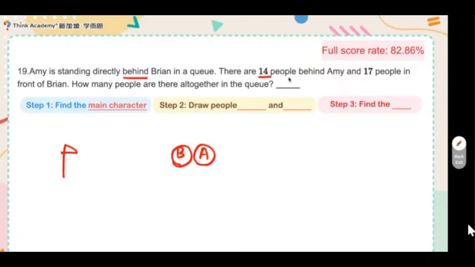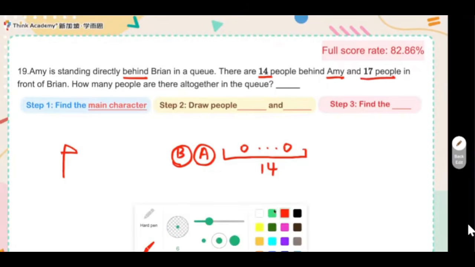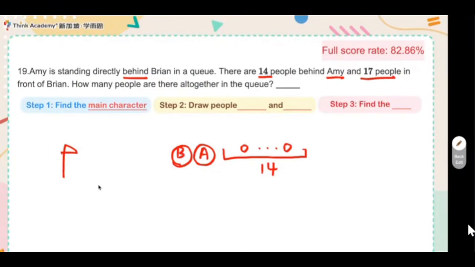And then there are 14 people behind Amy. Amy is not included, right? So behind Amy, there are 14. And 17 people in front of Brian. Brian is also not counted, right? So in front of Brian, there are 17.